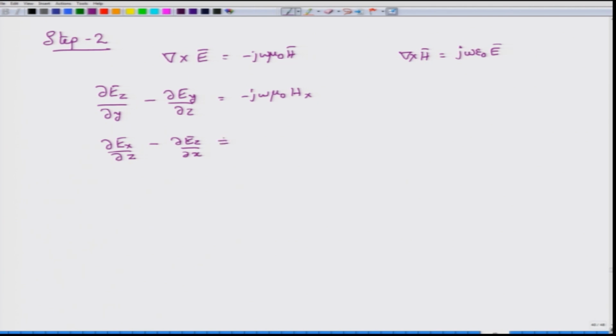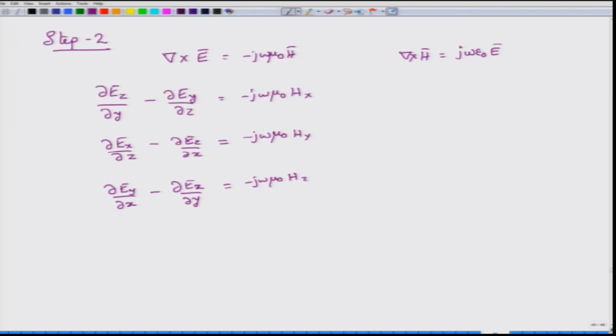This is the y component obviously that I am writing. So, this would be minus j omega mu naught Hy. Similarly, for the z component, you have del Ey by del x minus del Ex by del y. This should be equal to minus j omega mu naught Hz.